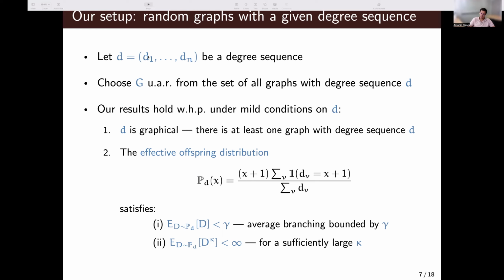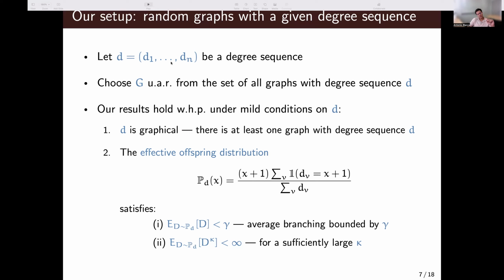So this is what we call the effective offspring distribution, which corresponds to the distribution of the degree of a vertex sampled proportionally to the total degree of the vertices that have that degree over the total degree of the graph.